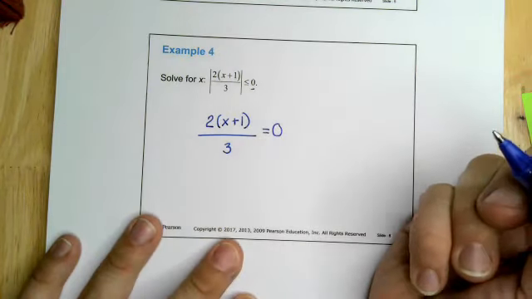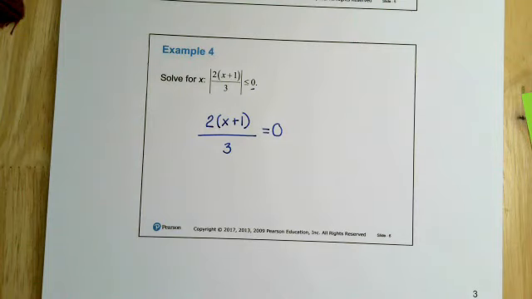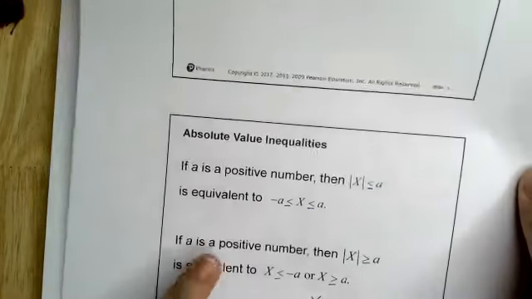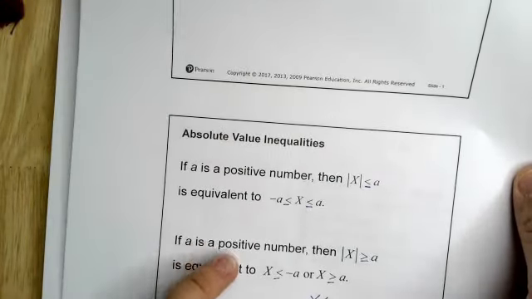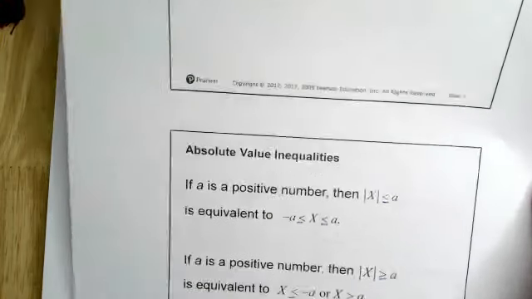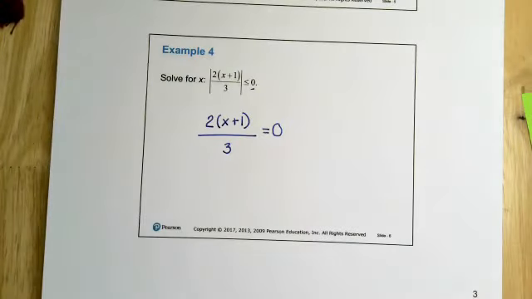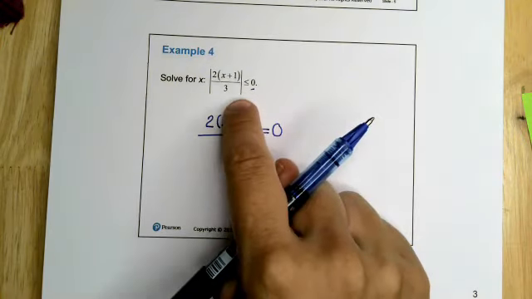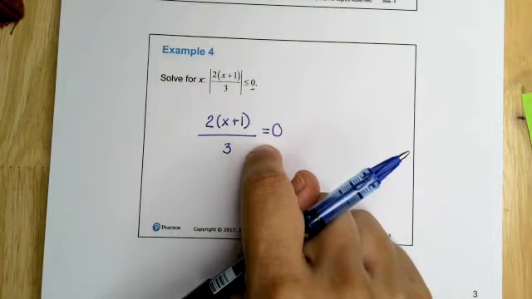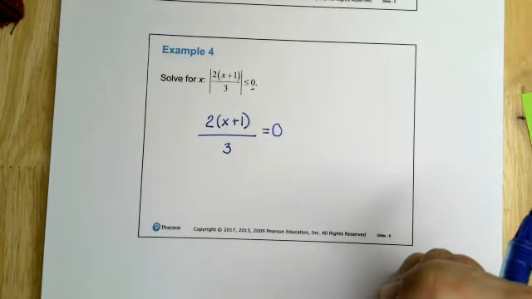So for 0, remember, our rule was when A is positive. 0 is not positive or negative. So for 0, we take it out of the absolute value bars. If it's less than, we just set it equal to 0, okay?